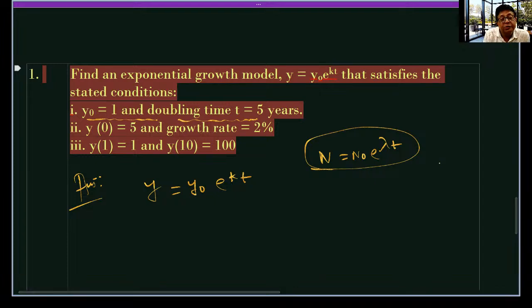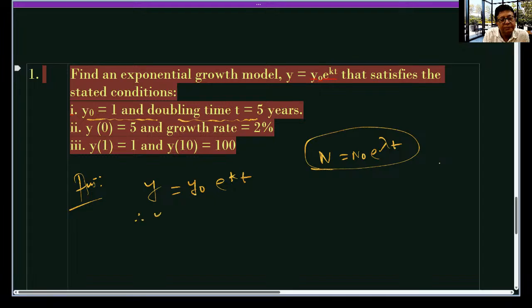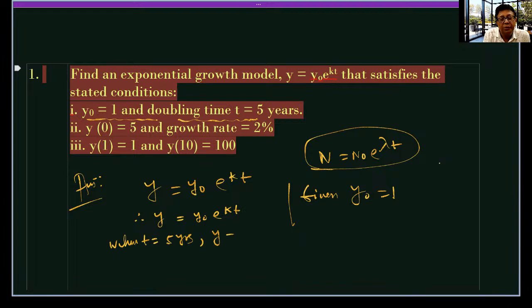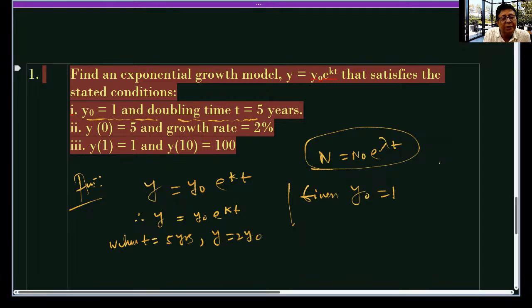y0 equal to 1. Given y0 equal to 1 and it doubles, so t equal to 5. When t equal to 5 years, y will be twice y0.